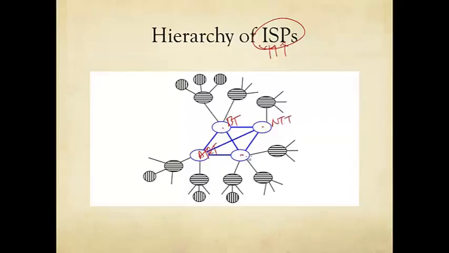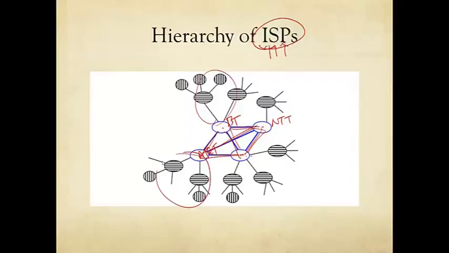And they usually form a peering relationship. A very dense, one could view it as a full mesh peering relationship, that says that they can directly talk to each other. Without these peering relationships, people in Britain may not be able to talk to people in America. And that's not a global internet.